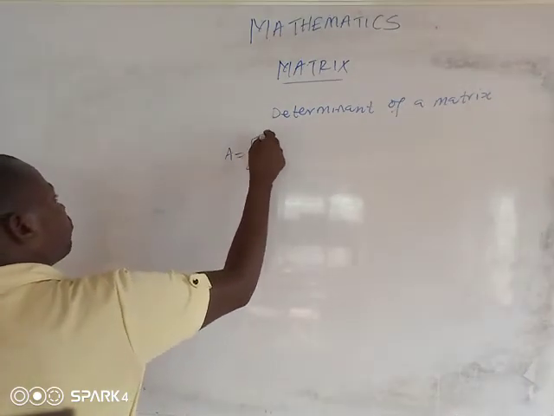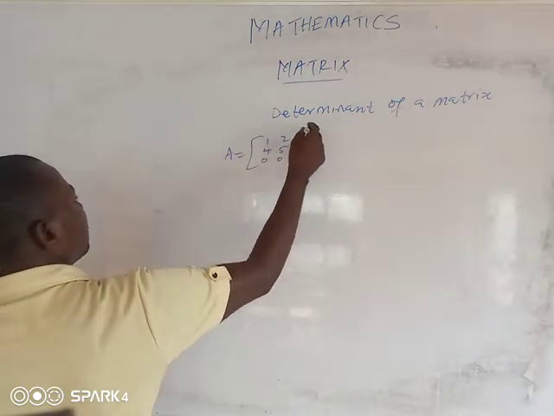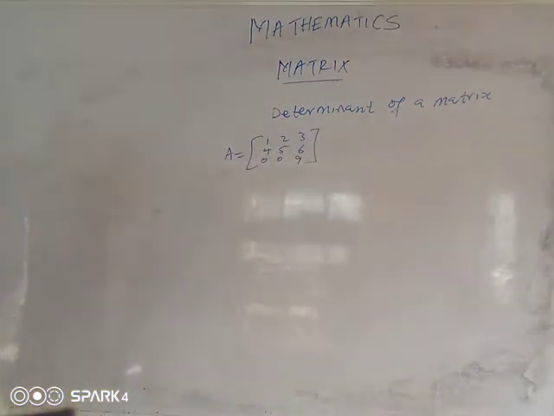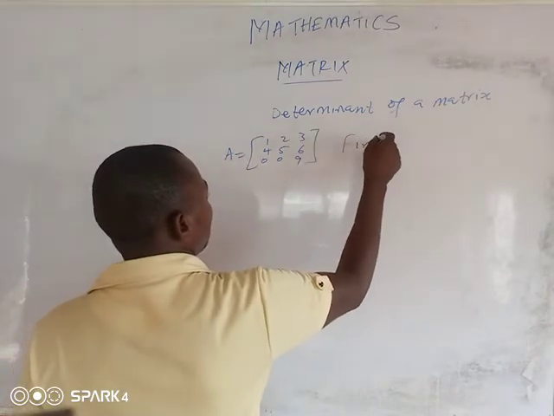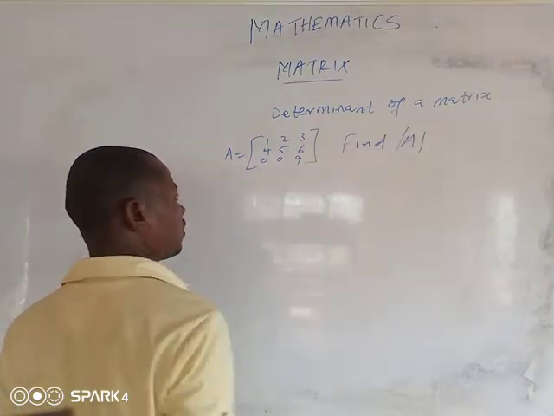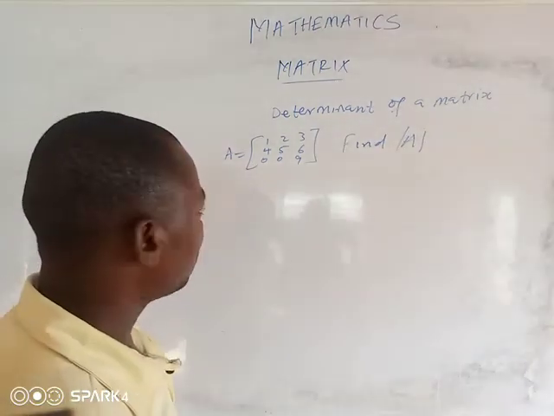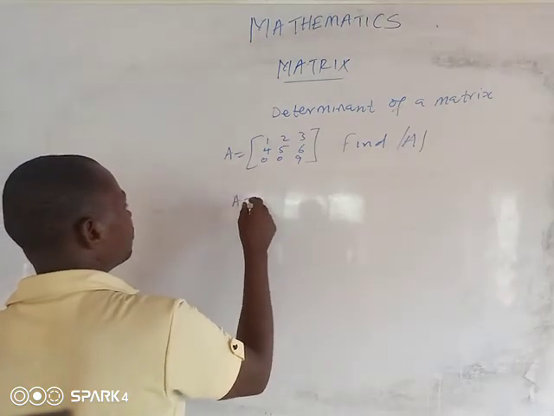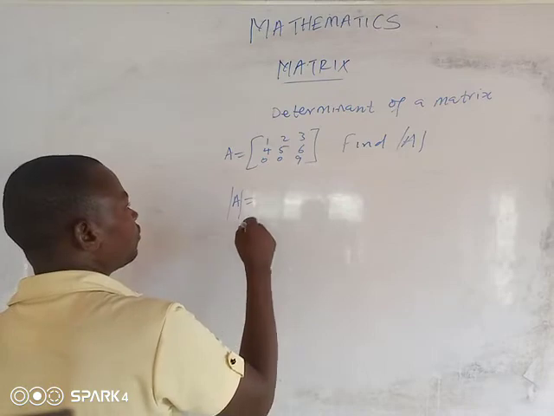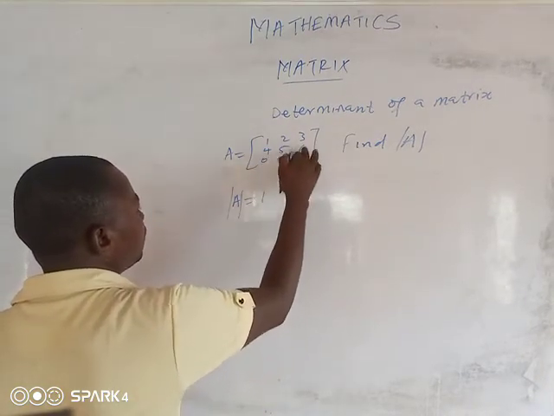Let's assume I have matrix A to be 1, 2, 3, 4, 5, 6, 0, 0, 9. Please pay attention and see how we handle it. If you want to find this, that means we are looking for magnitude. So magnitude A equals, we pick this one and cross this.